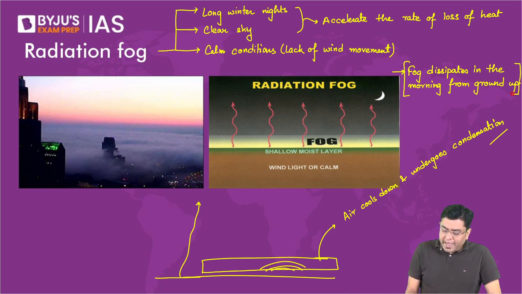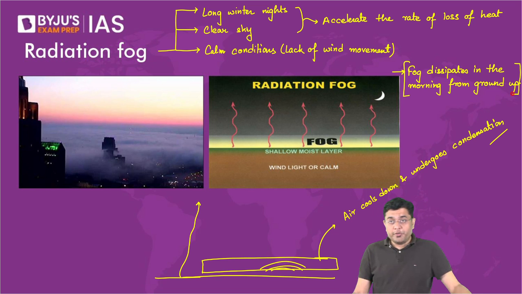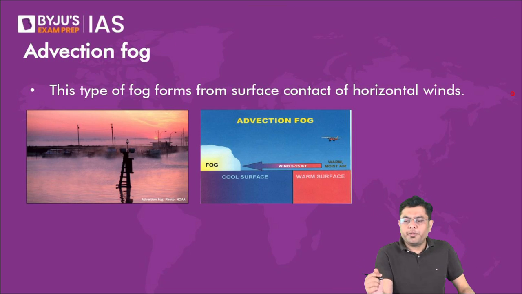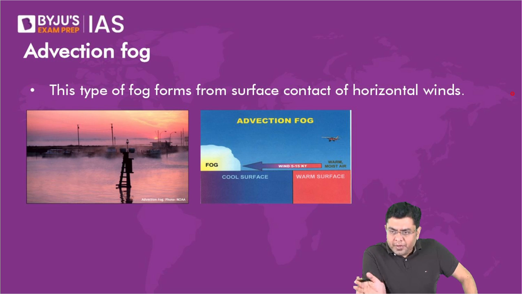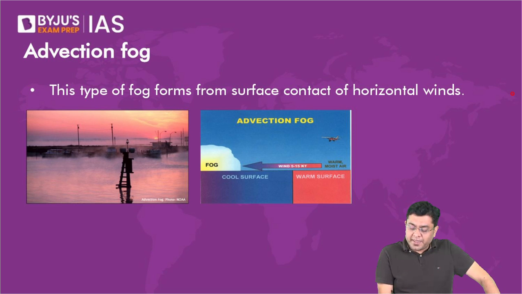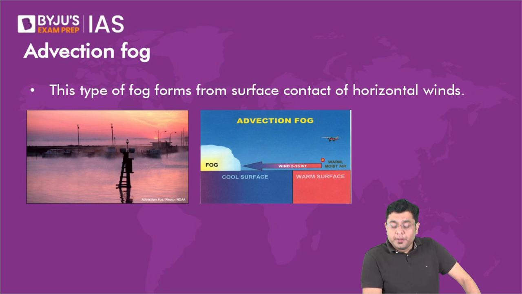Then we also have what is referred to as advection fog, which is created because of the process of advection. For example, as indicated by the image here, let's suppose you have a warm advection, with wind moving over a colder area. Whenever you have a warm wind moving over a colder surface, the air gets in contact with the colder surface and will also get cooled down.